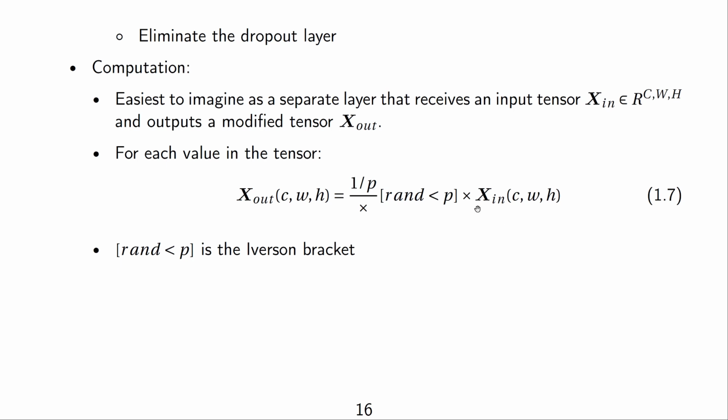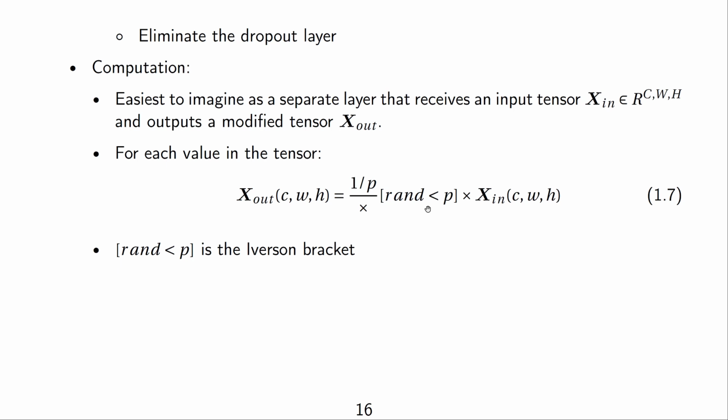So for each output value, indexed by this C, W, and H, we'll start with the corresponding input value, and then we'll flip this coin, so we select some random value between 0 and 1, and check if it's smaller than the probability P. This is the Iverson bracket in this context, so that if this condition evaluates to true, then this is going to be 1.